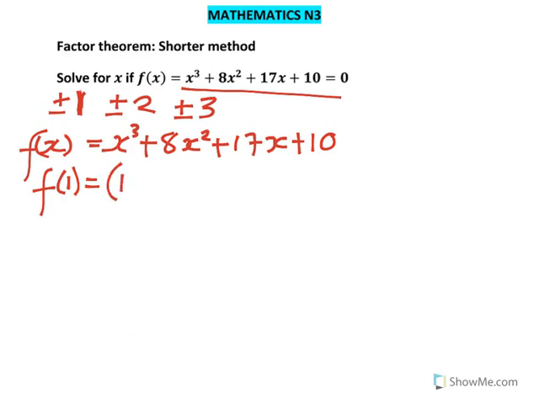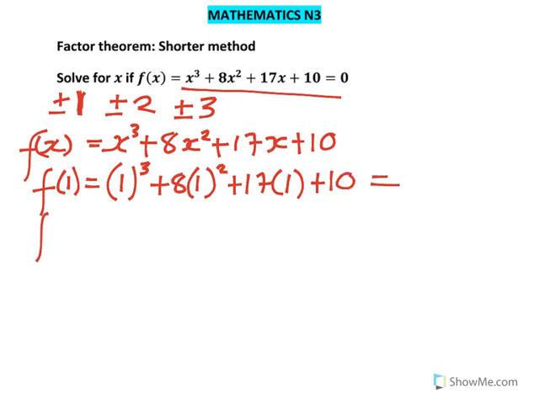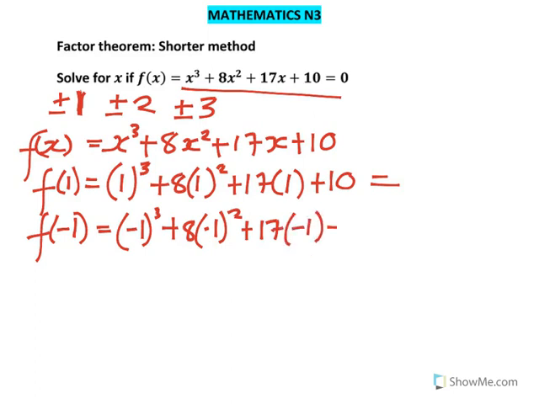Instead of x cubed, I say 1 cubed plus 8 times 1 squared plus 17 times 1 plus 10, and then I see what I get. I try f of minus 1. Remember, it was plus or minus 1. That is minus 1 cubed plus 8 times minus 1 squared plus 17 times minus 1 plus 10. Then I find the answer.